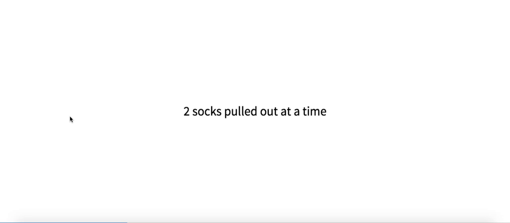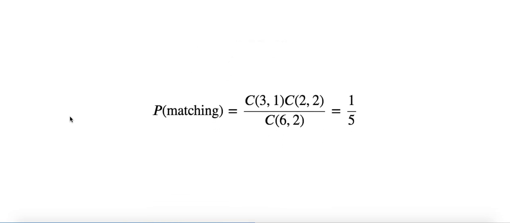In our first case, when two socks are pulled out at a time, in the denominator, we pull out 2 out of 6 individual socks, and in the numerator, we pull out 1 out of 3 pairs, and within that pair, we pull out 2 out of 2 socks.